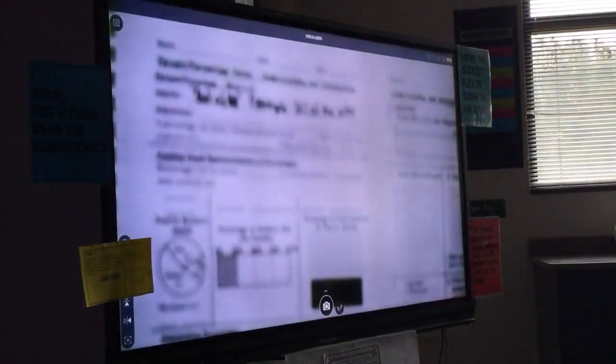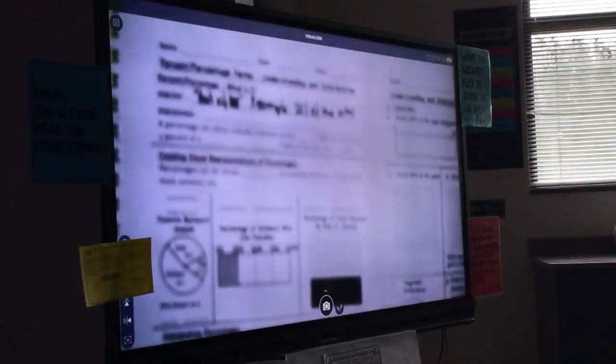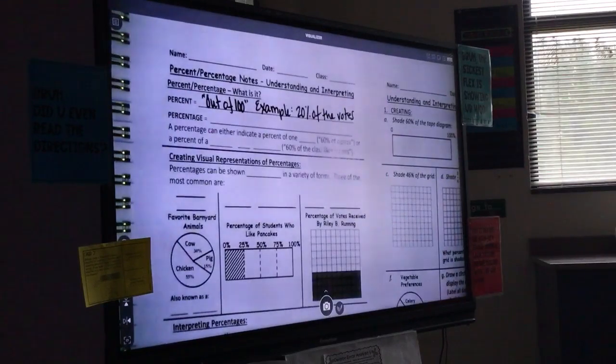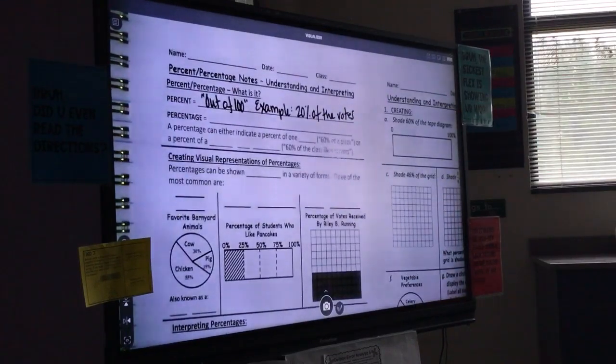Apparently we're going to play this game today. Hold on, y'all. There we go. All right, so 20% of the votes, and a percent is out of 100.